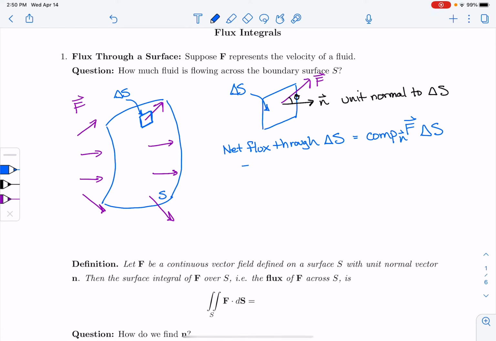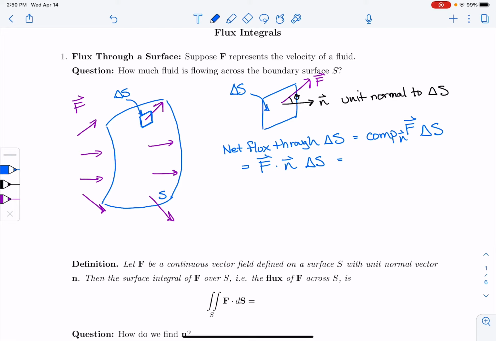Well, if we're thinking about n as being a normal vector, then this is just F dot n. That's the component of F in the n direction times, say, delta S.